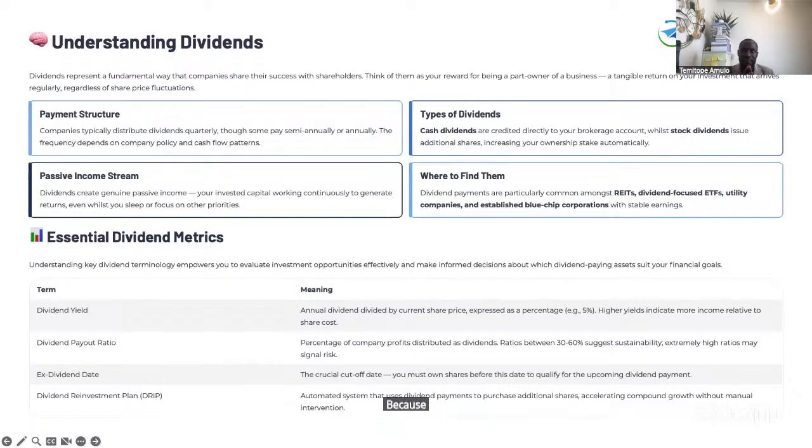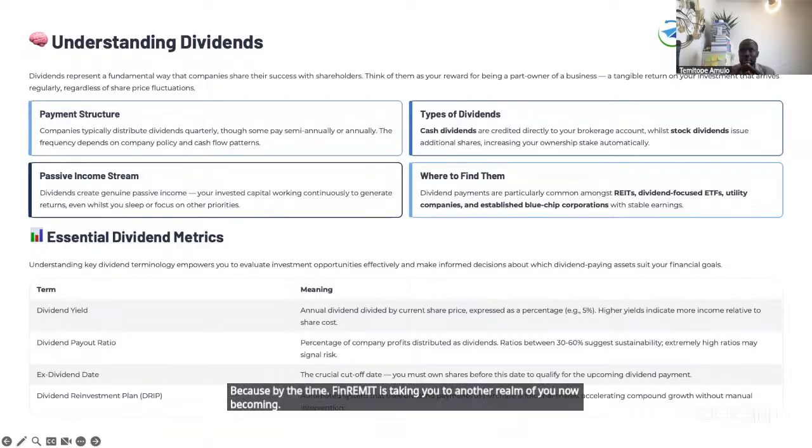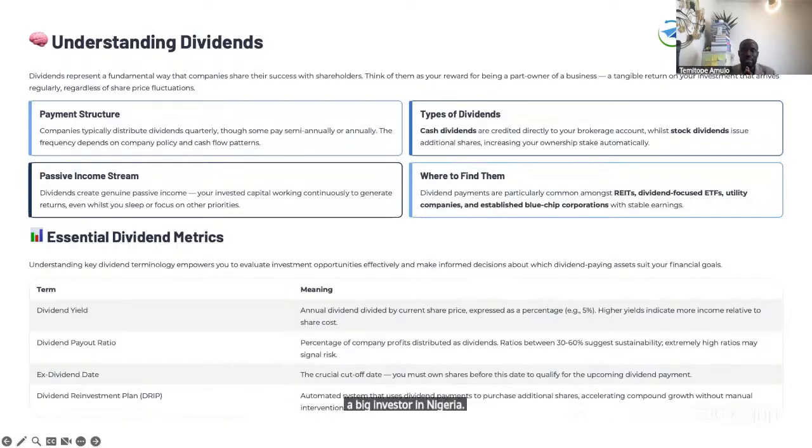Because by the time FinRemit is taking you to another realm of you now becoming a big investor in Nigeria and your investment is now looking for shares, you already understand how these dynamics work. So that is one of the reasons why we're doing what we're doing now.